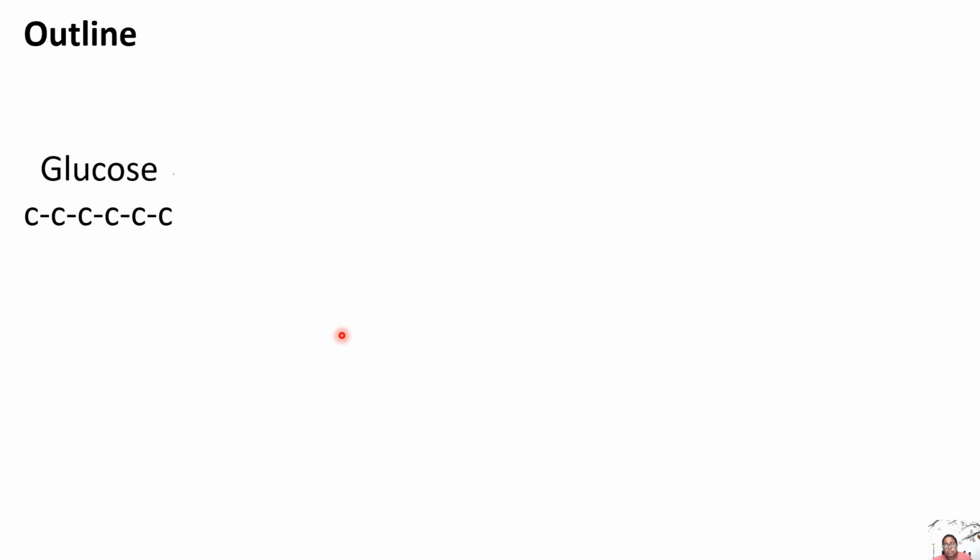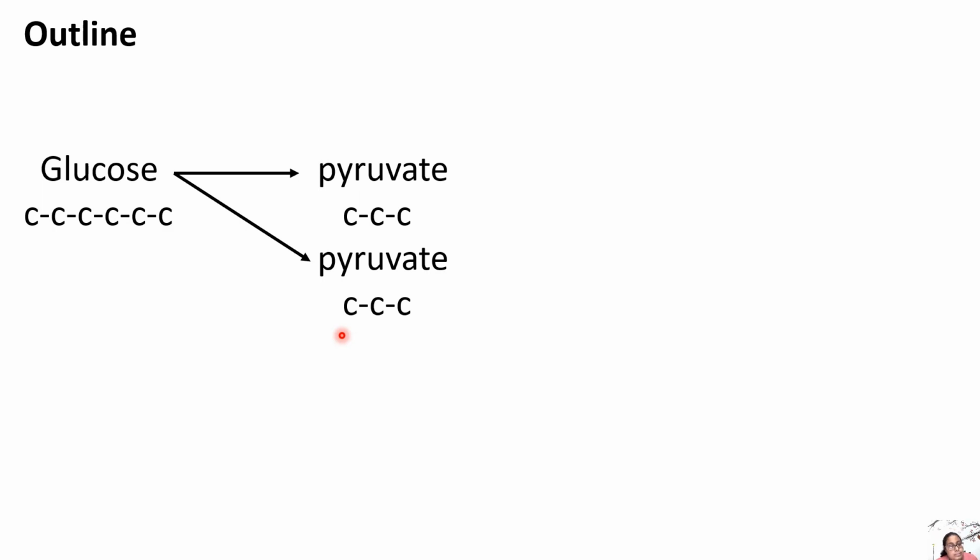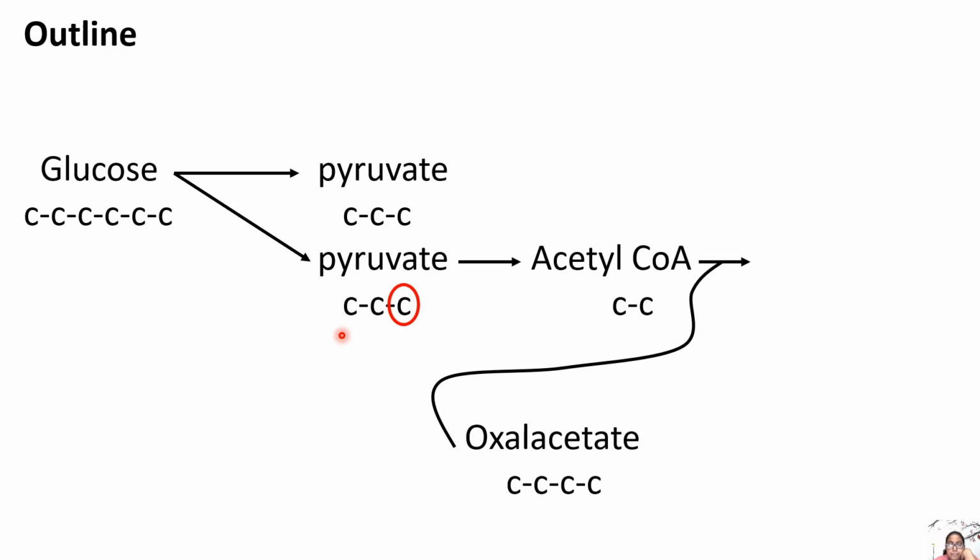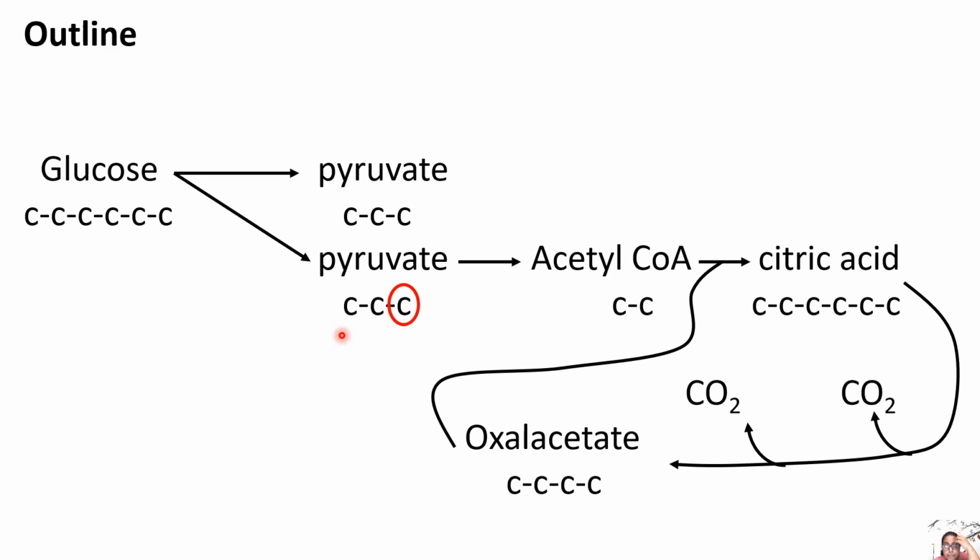If we have to show the outline of the Krebs cycle, we have 6-carbon glucose, which gets converted to 3-carbon pyruvate, two of them. Then pyruvate gets converted to 2-carbon acetyl CoA. Then oxaloacetate, a 4-carbon compound, is added to it, which ultimately gives rise to citric acid.